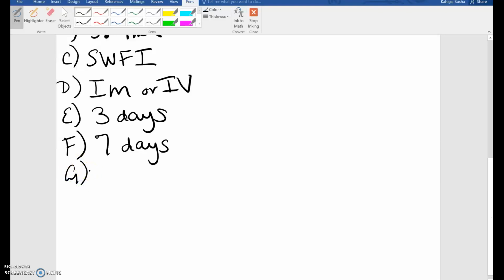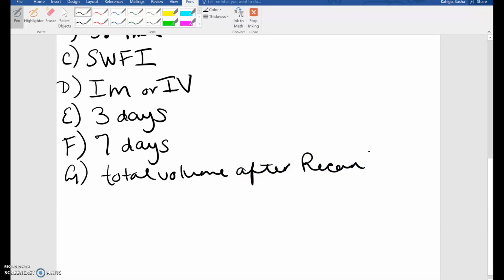It's asking you, what is the total volume after reconstitution? Well, in order to calculate that, all right, the question is, what is it asking? Well, in detail, you guys, it's asking you to determine your final volume.